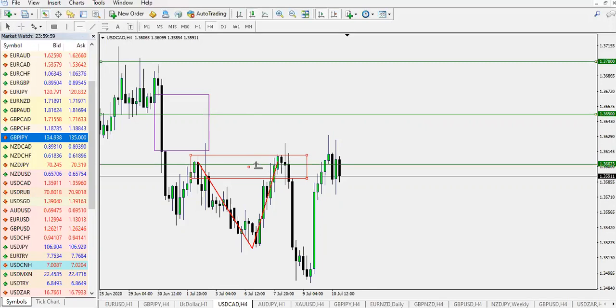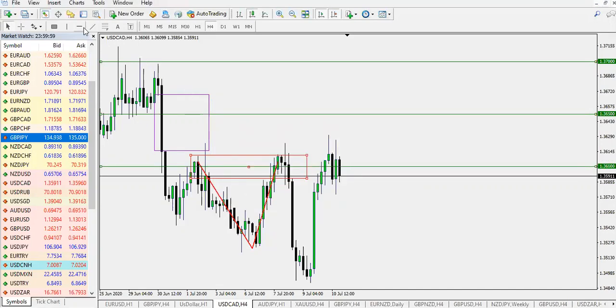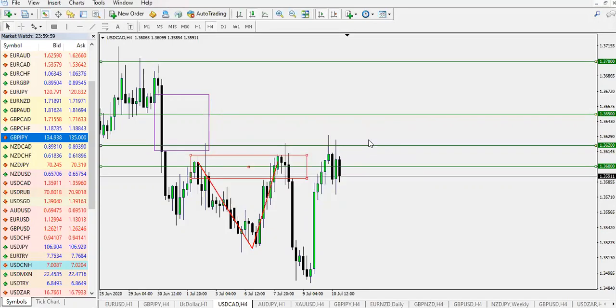So I would have put an institutional round number price level at this zone over here because we have an order block, and I will mark up additional price IPLs at this area of price because this is where price is currently trading.